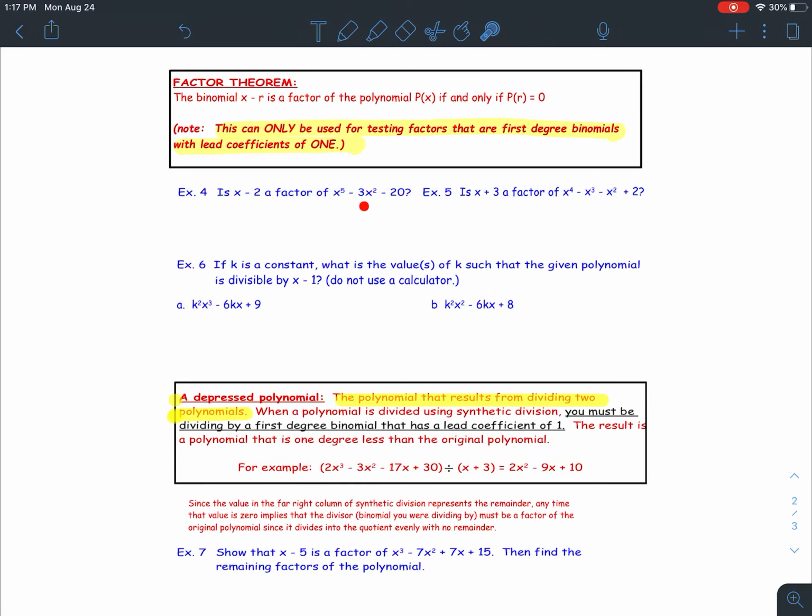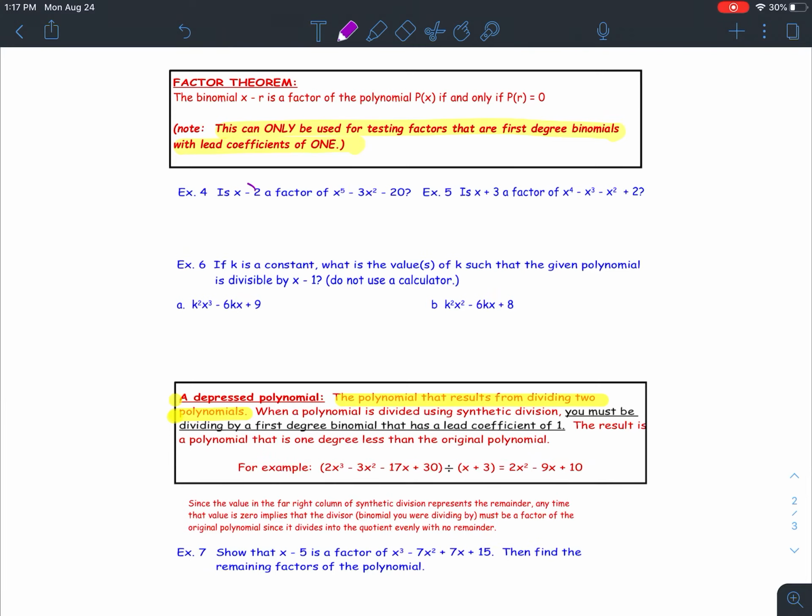Okay, so if I know that when these get divided, the remainder is 0, that tells me that x minus 2 is a factor. See, this isn't actually asking me to perform the division. It doesn't want the full answer from dividing. It just is asking, is this a factor?